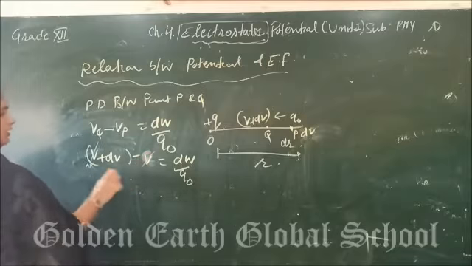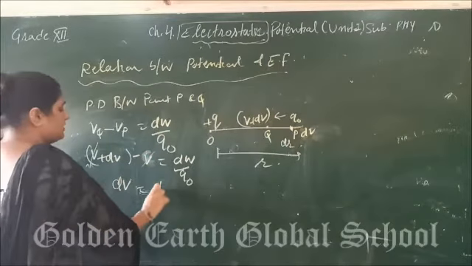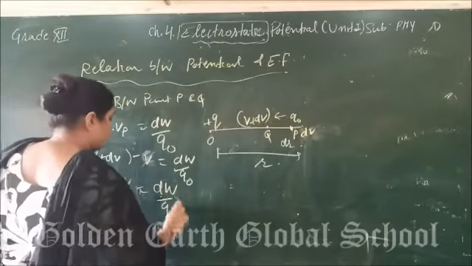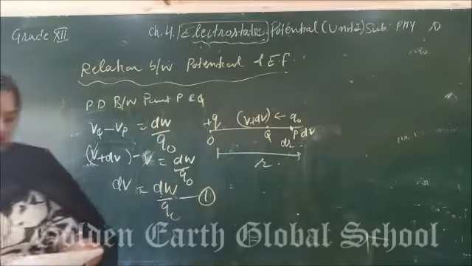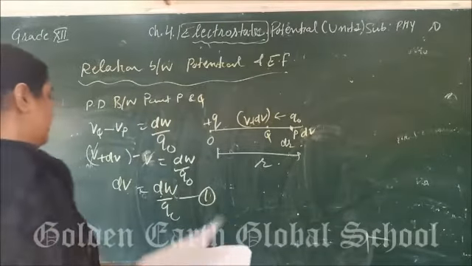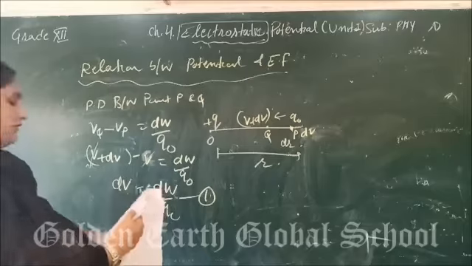So V goes with V, and you are left with dV is equal to dW upon Q naught, equation number 1. This is the formula for the potential difference.